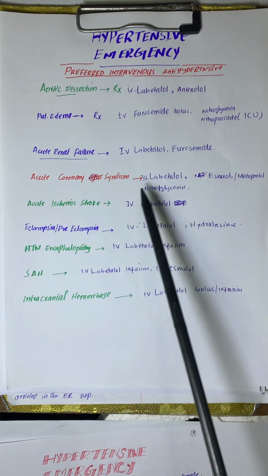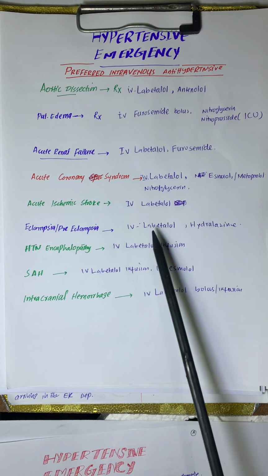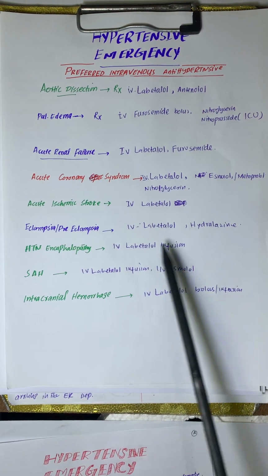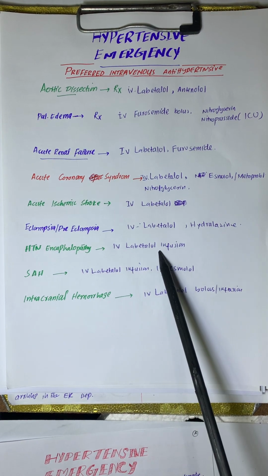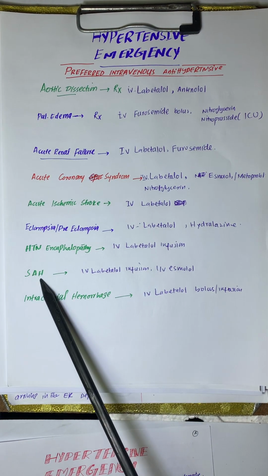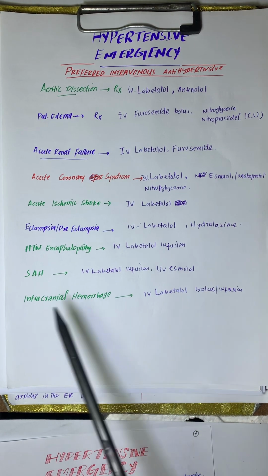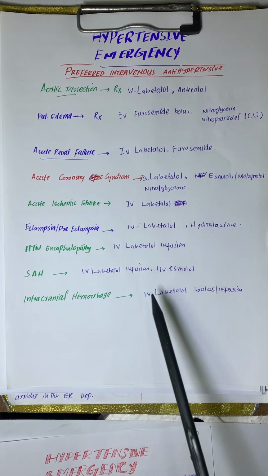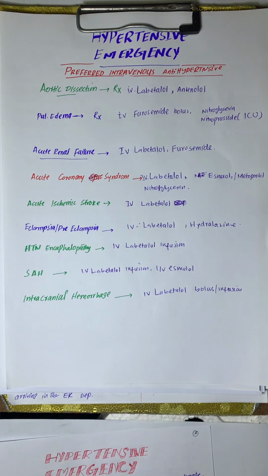Acute ischemic stroke: use IV labetalol. Eclampsia, preeclampsia: IV labetalol or hydralazine. Hypertensive encephalopathy: IV labetalol infusion. Subarachnoid hemorrhage: IV labetalol infusion, IV esmolol. Intracranial hemorrhage: IV labetalol bolus or infusion.